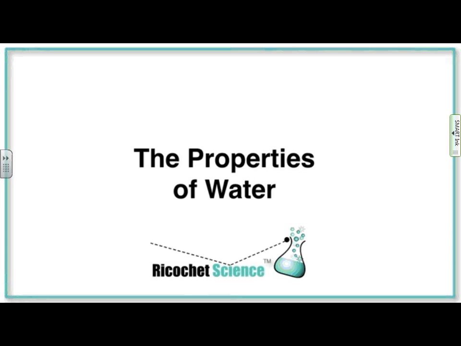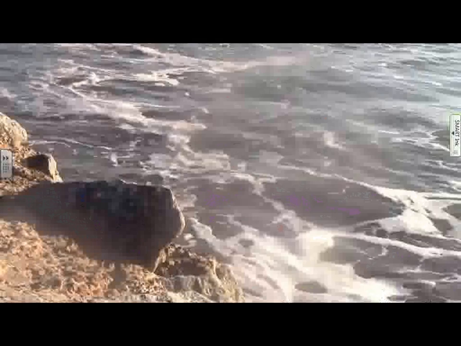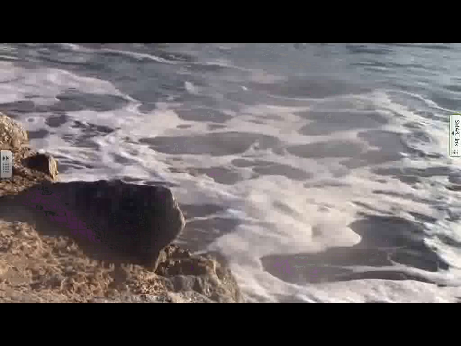Life, as we know it, would not exist without water. Over 70% of the planet is covered in water, and our bodies are around 70% water. But why is water so important?